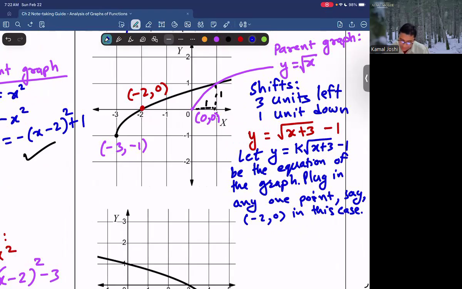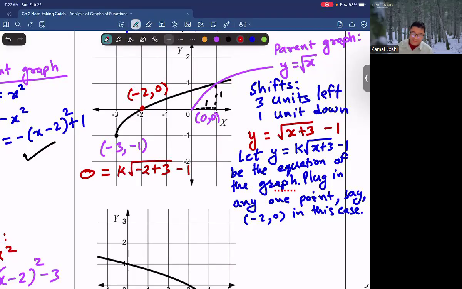Okay, now if you plug in minus 2 comma 0 in this case, I'm going to continue on the left side here to leave space for the other problem. If you plug in that, it will be y is 0 here equals k times under root x is minus 2 plus 3 minus 1.